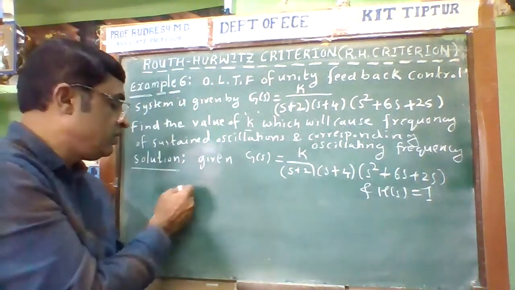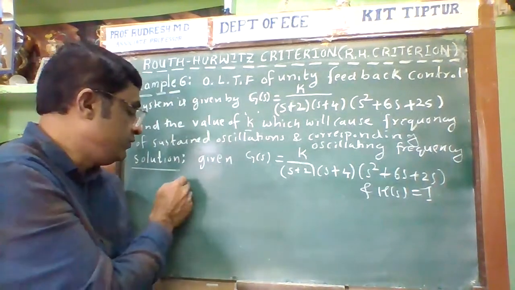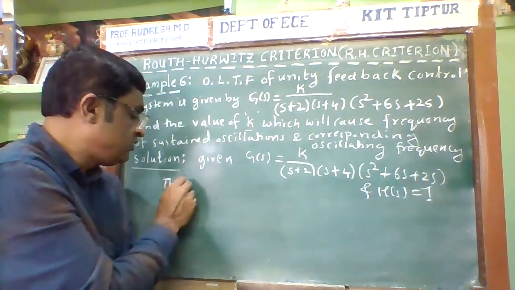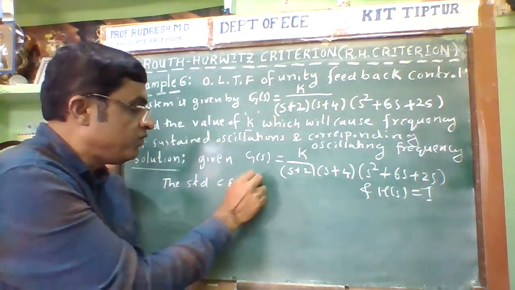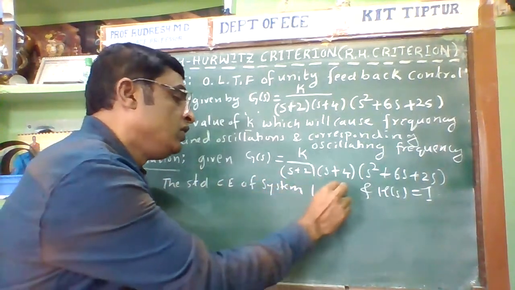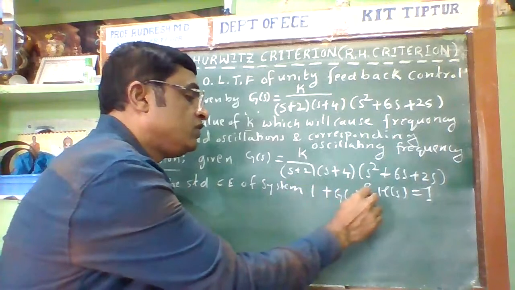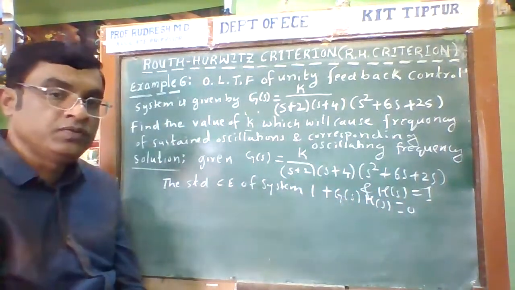Now, G(S) is given, H(S) is given. First step is to find the characteristic equation. The standard characteristic equation of any system is 1 plus G(S) into H(S) is equal to 0. This is the standard characteristic equation.